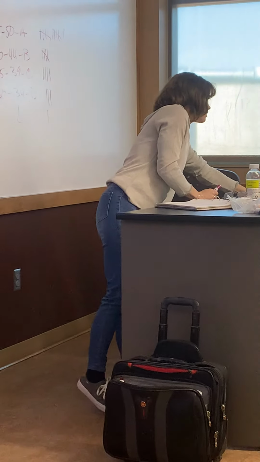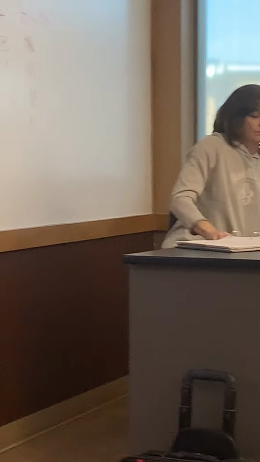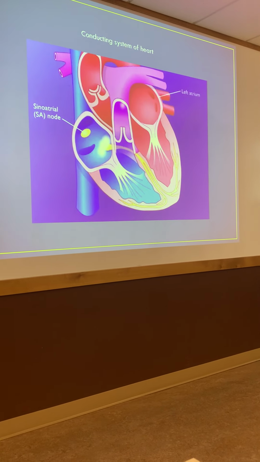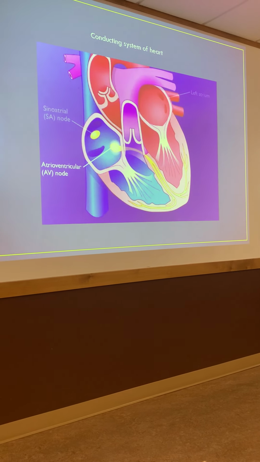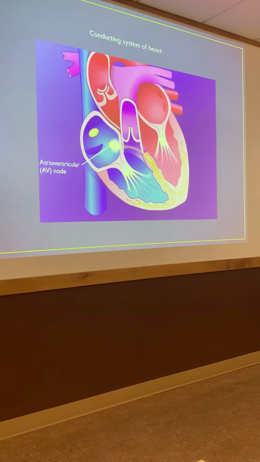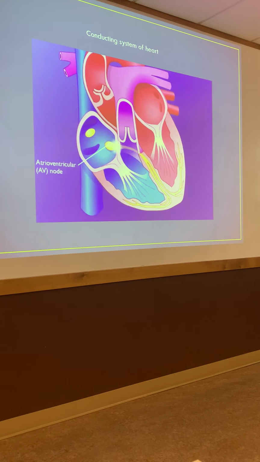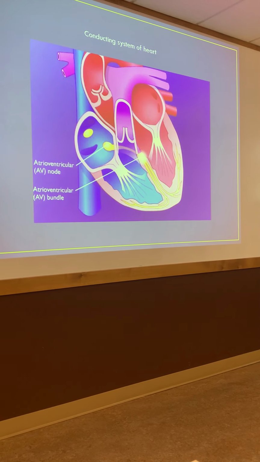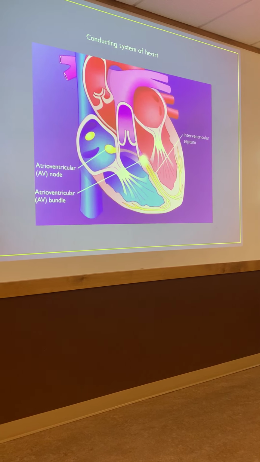Now, let's look at this real quick. Action potentials originate in the sinoatrial node and travel across the wall of the atrium from the sinoatrial node to the atrioventricular node. Action potentials pass slowly through the atrioventricular node to give the atria time to contract. They then pass rapidly along the atrioventricular bundle, which extends from the atrioventricular node through the fibrous skeleton into the interventricular septum.